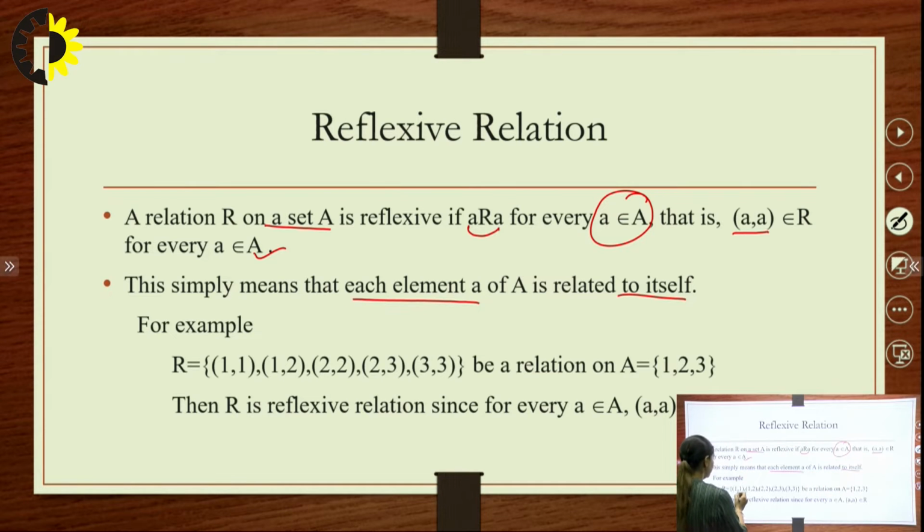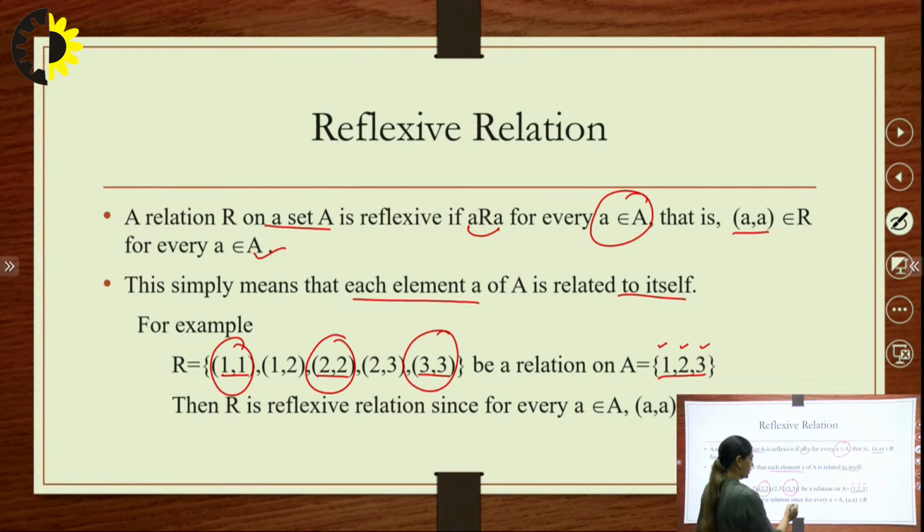For example, {(1,1), (2,2), (3,3)} is a relation on the set A = {1, 2, 3}. In A we have three elements 1, 2 and 3, and all are related to themselves with (1,1), (2,2) and (3,3). So R is a reflexive relation since for every a, there is an ordered pair (a, a) in the relation R.